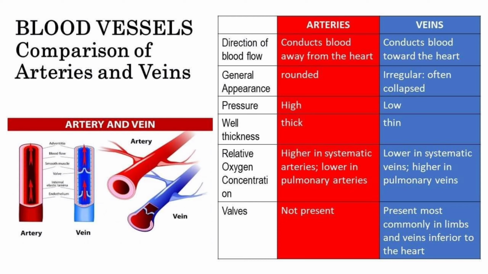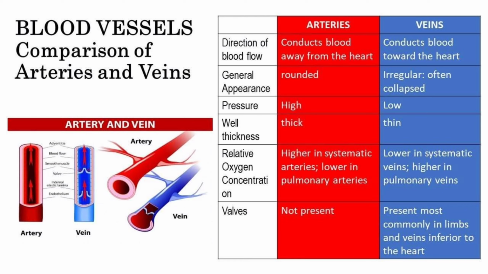Based from our video, we can compare the arteries and veins. First, in the direction of blood flow, the arteries conduct blood away from the heart, while veins conduct blood toward the heart. In general appearance, arteries are rounded while veins are irregular and often collapse. Arteries have high pressure while veins have low.